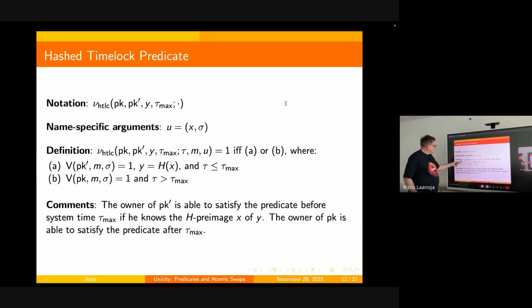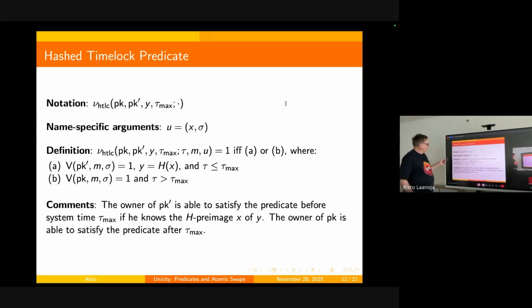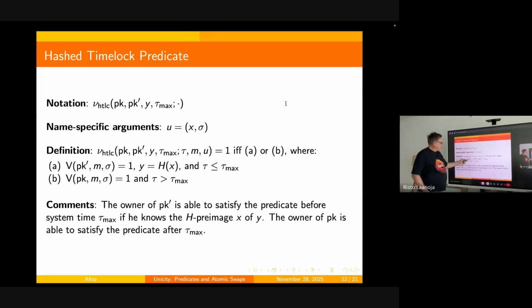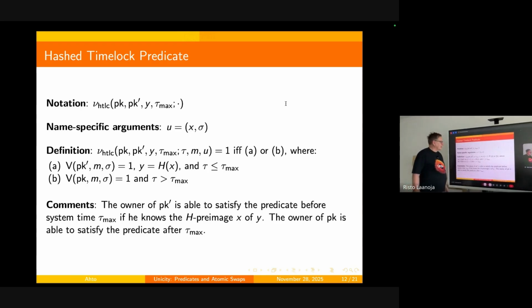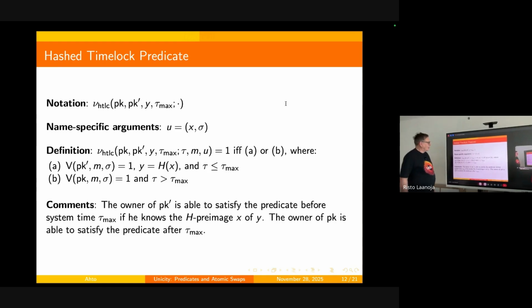Occasion A is that the signature verifies with the second public key, but you then also require that X is the pre-image of this Y. So X should also be presented as an argument. And then we also require that the system time does not exceed the timeout.